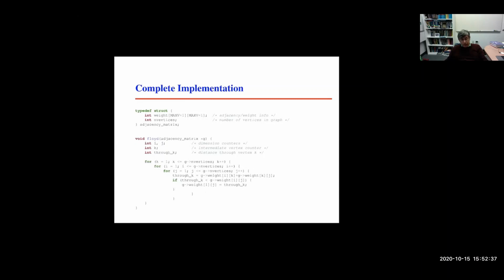This, in fact, is the code for Floyd's algorithm. And if you look at it, it is pretty ungodly simple, isn't it? Take a look at this. What's it doing? It's doing the three loops that we said.